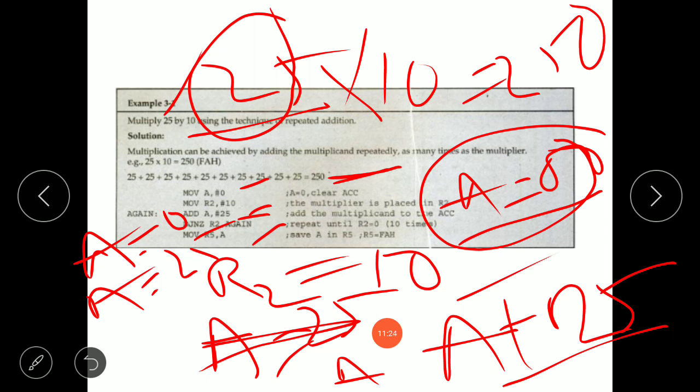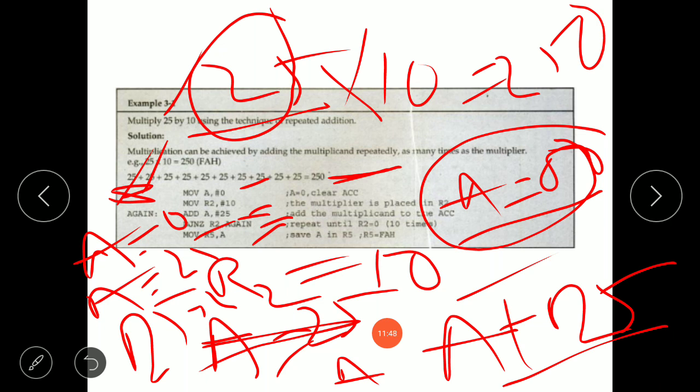So this time, 25 plus 25 means the second 25 is also gone, and this result will get stored in the accumulator. Then the next step is DJNZ R2, AGAIN, which means R2 will get decremented again.